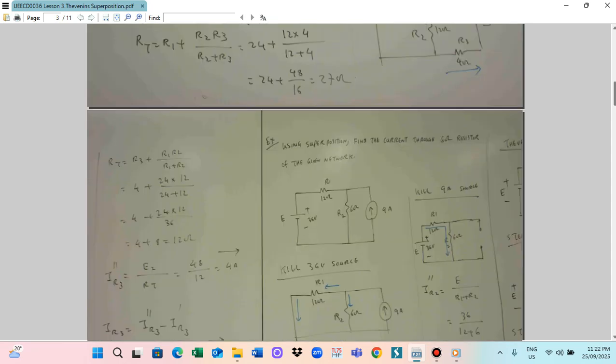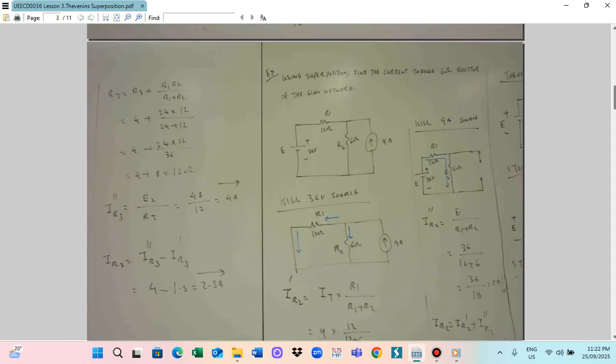And this resistor is a R3. So R3 is a 4 ohm. So current will flow like this. So current will flow this direction. They also flow here. So this current is a IR3.